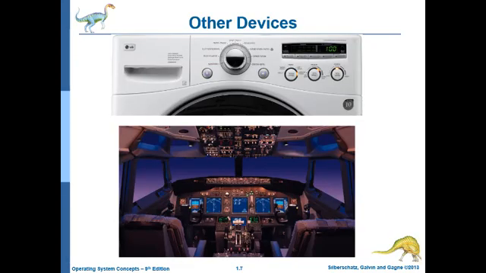Finally, we know that many other devices also have operating systems. For example, the top one, you can see this is a washing machine. And why do we know that it has an operating system? Because you can see there is a screen which has some output, and these are some buttons which provide input to this washing machine.